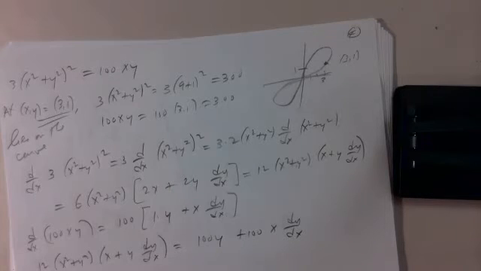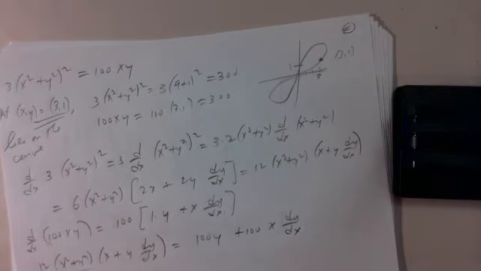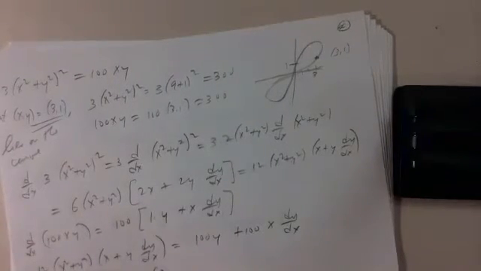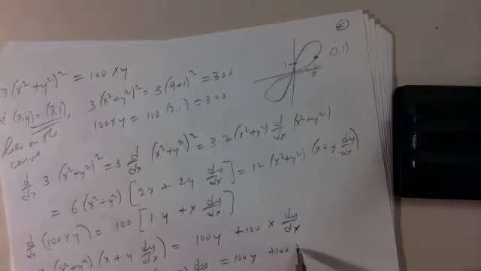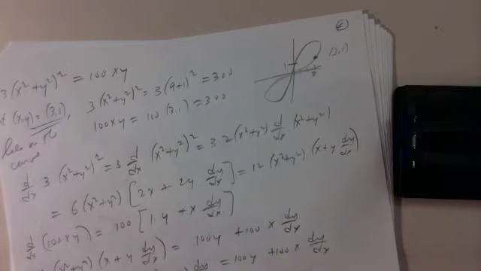And we have to solve for dy/dx. Let's see, this is equal to 12x times (x squared plus y squared) plus 12y (x squared plus y squared) dy/dx equal to 100y plus 100x dy/dx.